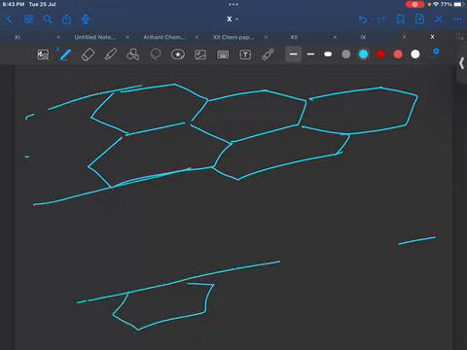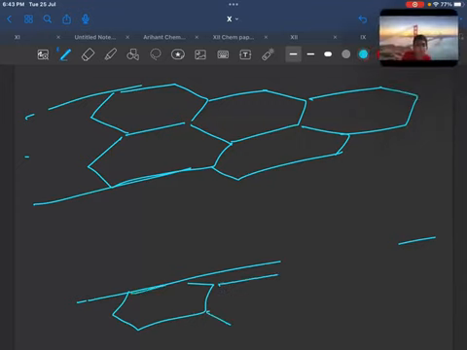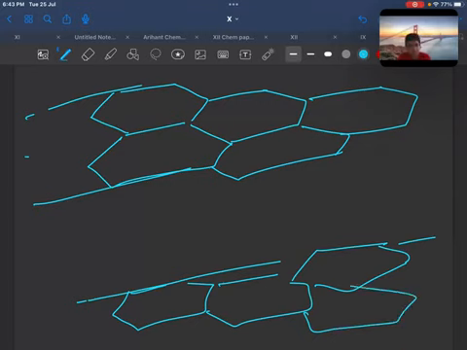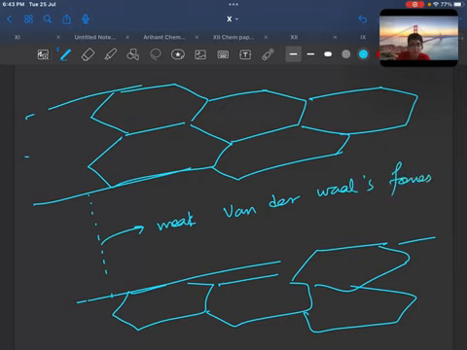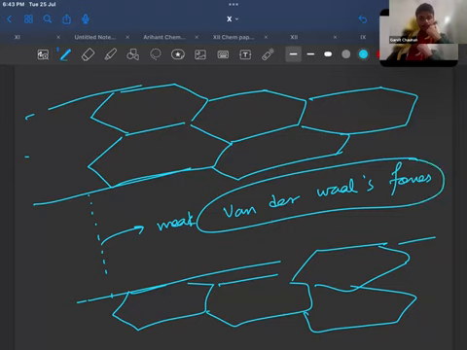These hexagonal planes are connected by weak van der Waals forces. So what is this van der Waals force? This is the name of a type of force which is very weak, and doesn't involve any type of contact.